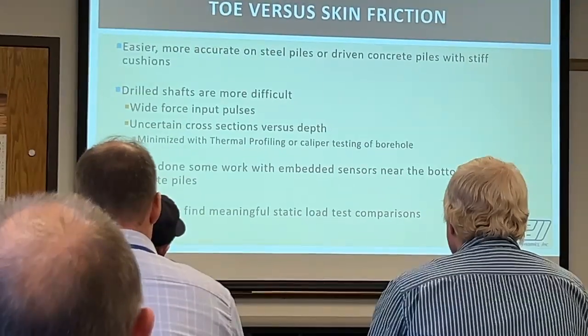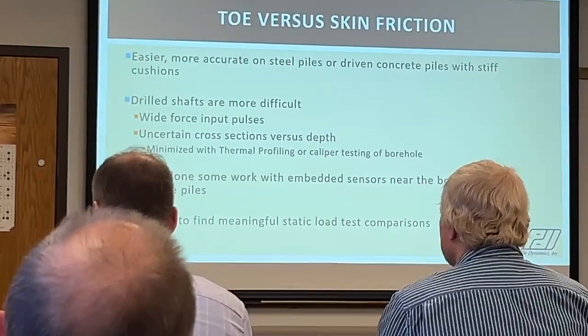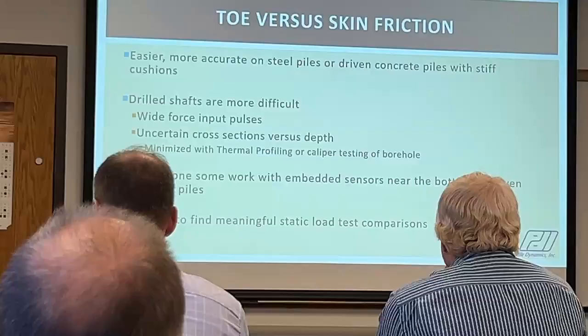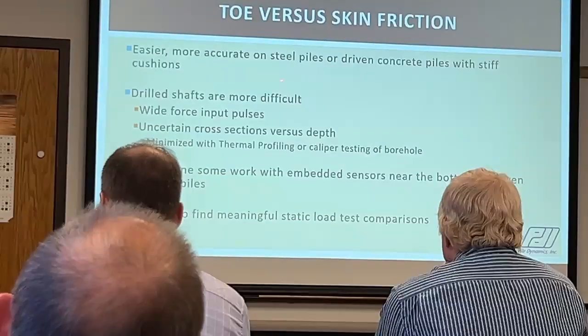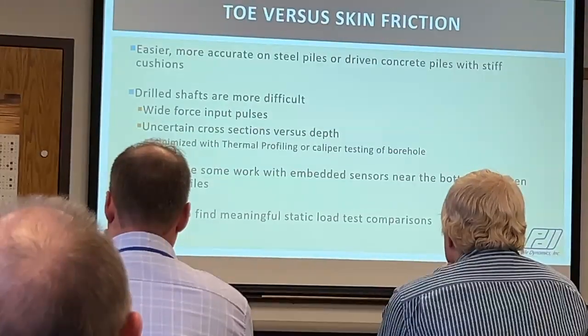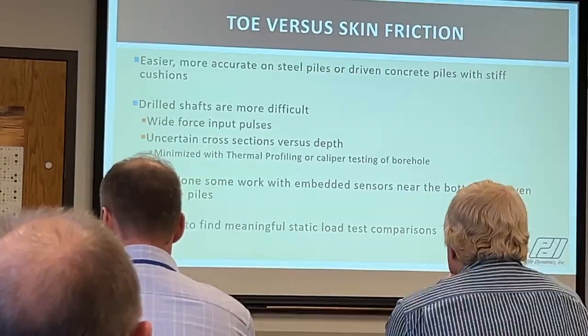The very first slide after lunch, we had really sharp impacts on the steel and wider impacts on the concrete. And so for steel piles, or for driven concrete piles that have stiffened cushions because they've been driven for several hundred blows, we probably do pretty well.